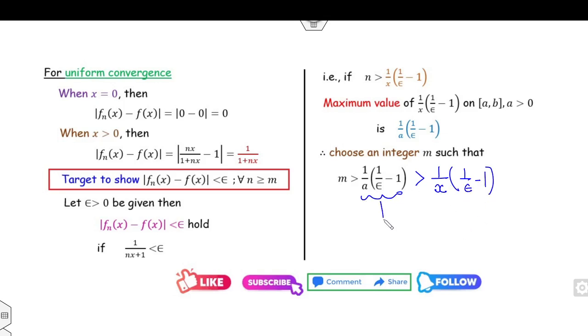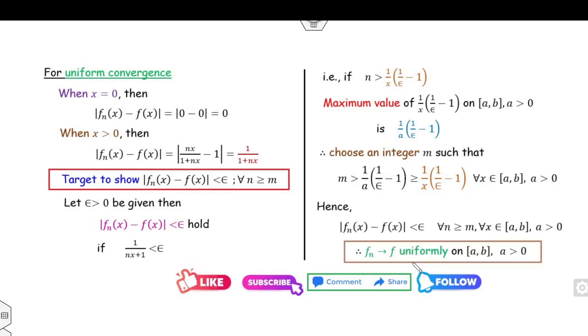Because this number is the maximum value of this quantity, and this result is true for all x between a and b. Therefore f is uniformly convergent for all those intervals in which 0 does not belong, and clearly in this case 0 does not.